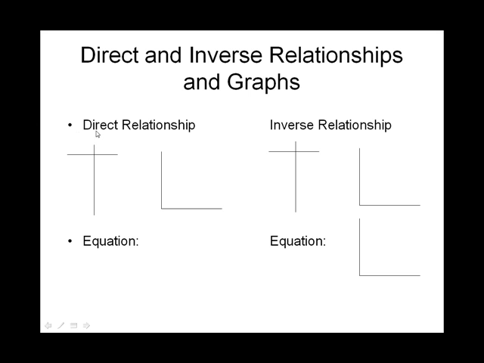So you guys already know much of this. In a direct relationship, you know that as x increases, y increases. So if I had data for x, like 0.5, 1, 2, 3, 4, my y value would increase proportionally, and so it would look something like 0.5, 1, 2, 3, 4.